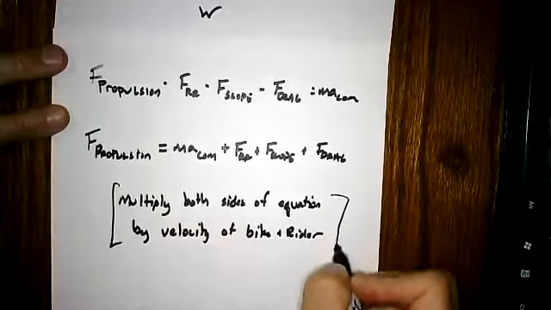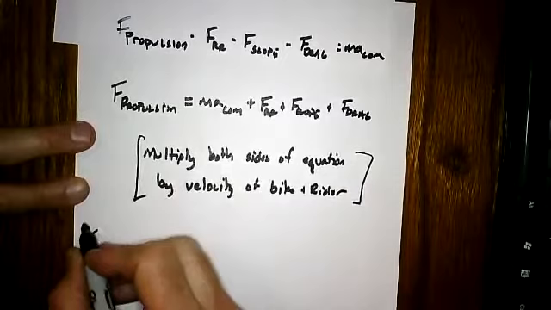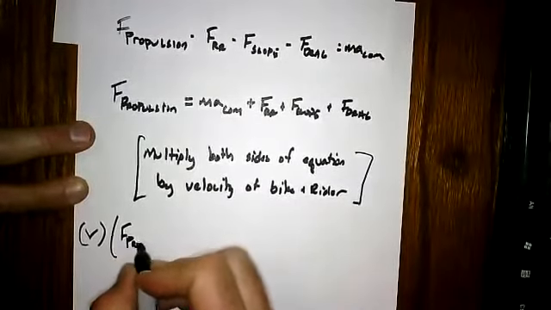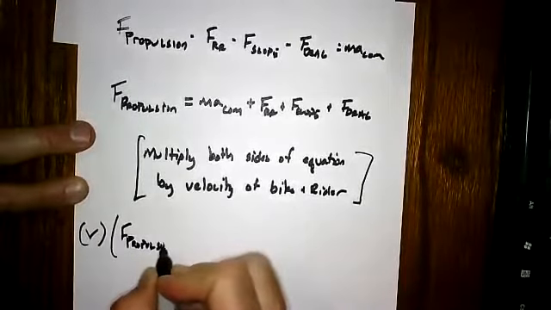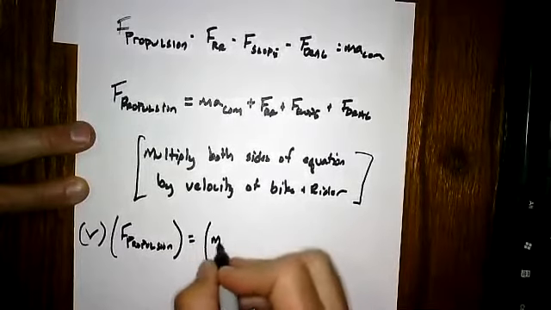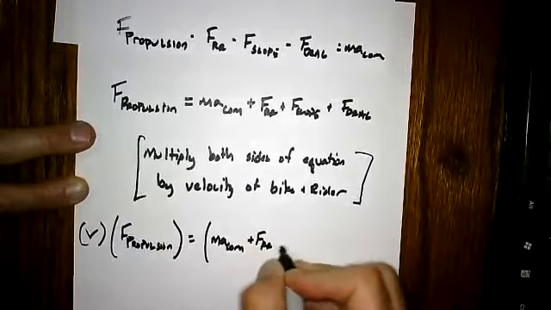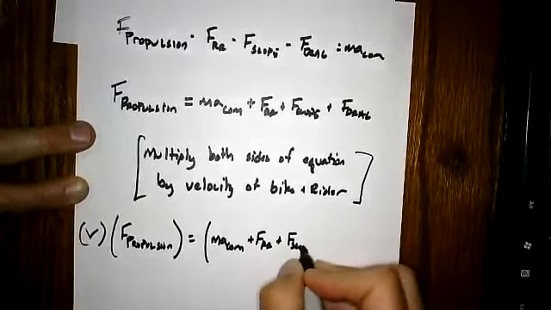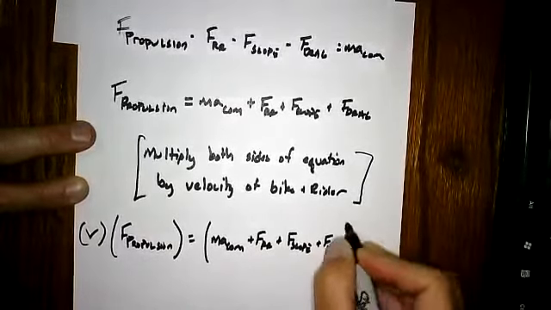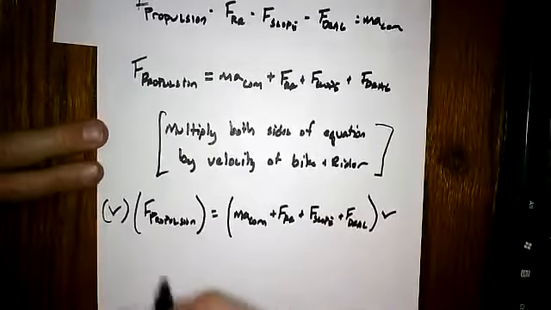This is the trick, if you will. So let me do that. I'm going to take V times F propulsion equals, and I'm going to put this all in brackets now, m a COM plus F RR plus F slope plus F drag, times V. Look at this.